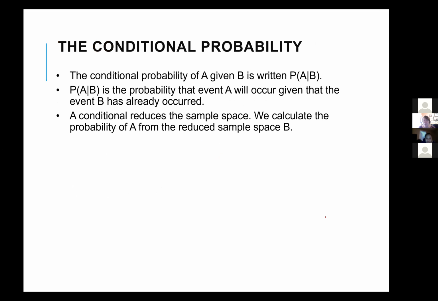So the conditional probability of A given B is written as P, parenthesis, A, vertical bar, B. And what this means is the probability of event A occurring given B has already occurred.